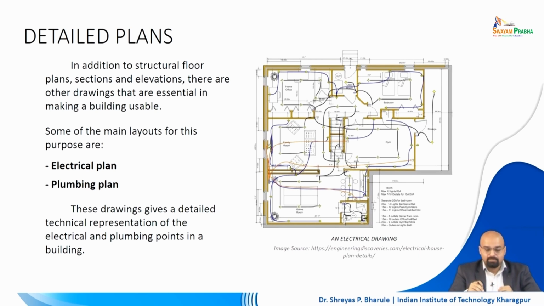Where the sockets will be placed, how many buttons are there on that particular switchboard to turn on the appliances or the socket present there, right? All of these things are described and specified in this particular document.